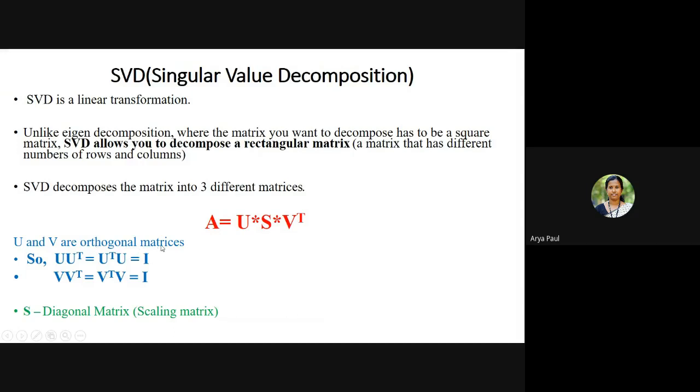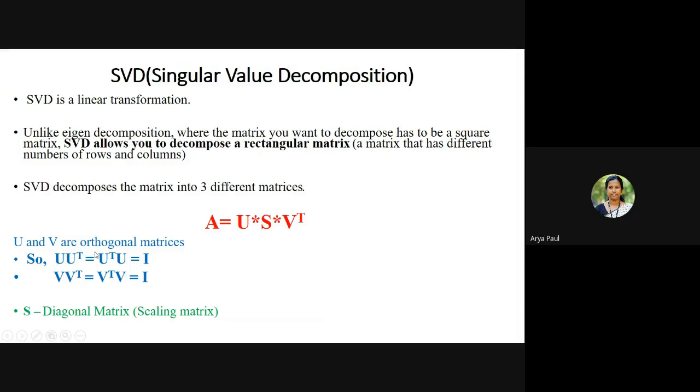Suppose U is an orthogonal matrix; then U into U transpose is equal to I, where I is the identity matrix, and U transpose into U is also equal to I. V is also an orthogonal matrix, so it satisfies the property V into V transpose equals V transpose into V, which is also equal to I, the identity matrix.